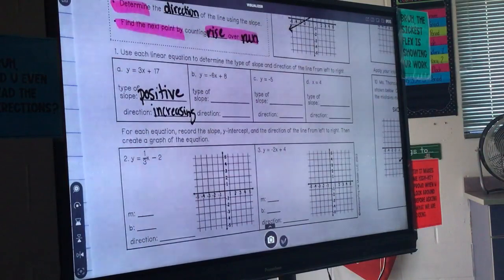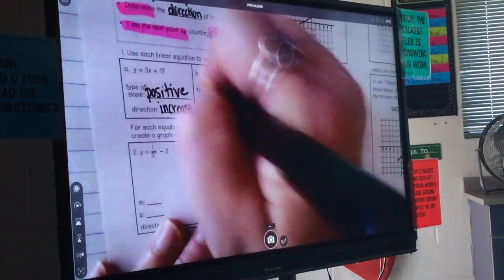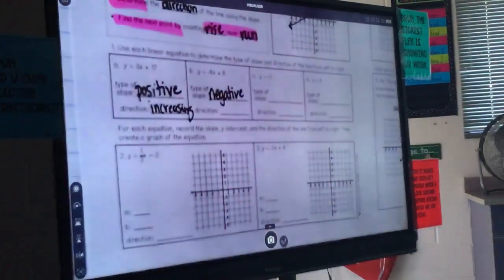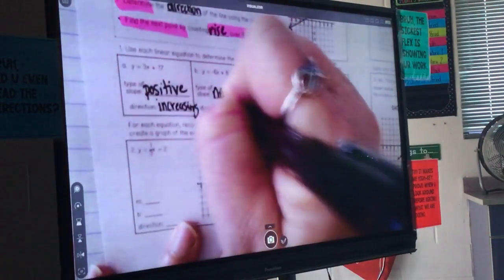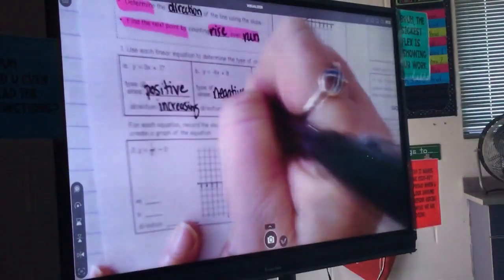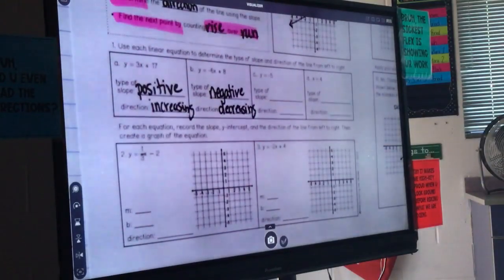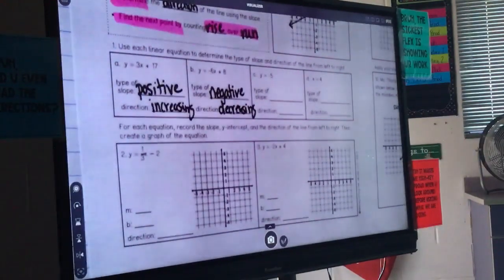Okay. Next one. Positive, negative, undefined, or 0? Nevaeh. How do you know? There's a negative sign in front of it. Okay. And then is it increasing or decreasing? All right, next one. Positive, negative, undefined, or 0? Audrey. Undefined.